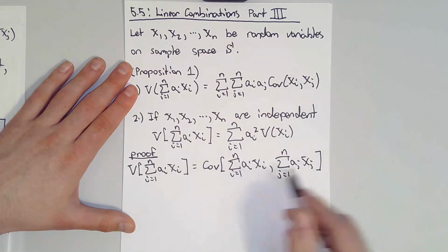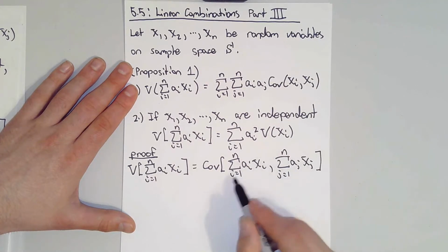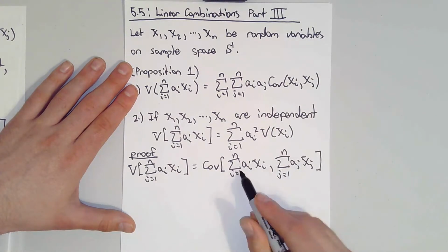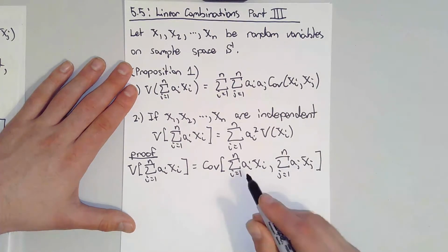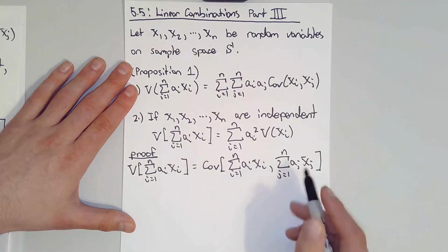So it may look like these are two different random variables, but these are in fact the same sum. I've just used different indices to represent each one. That doesn't change the sum at all. This is just to keep things distinct.